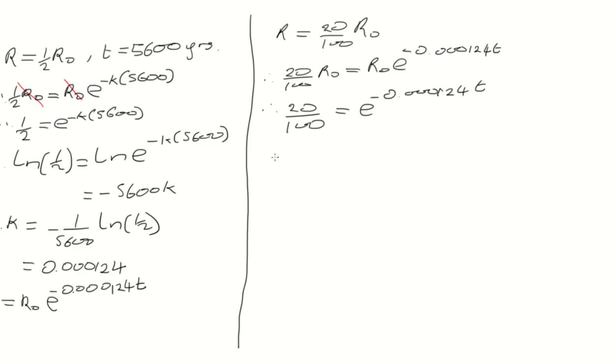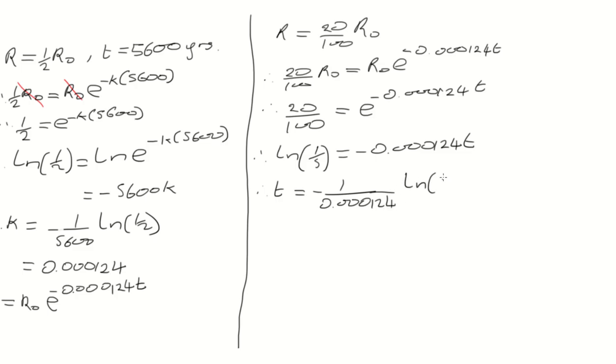So let's try to do that. Since this can simplify, 20 over 20 to 1, 100 over 20, we say 5, of course. So the log will drop this power into minus 0.000124 t. Then make t the subject of the equation: 0.000124, then ln 1 over 5.